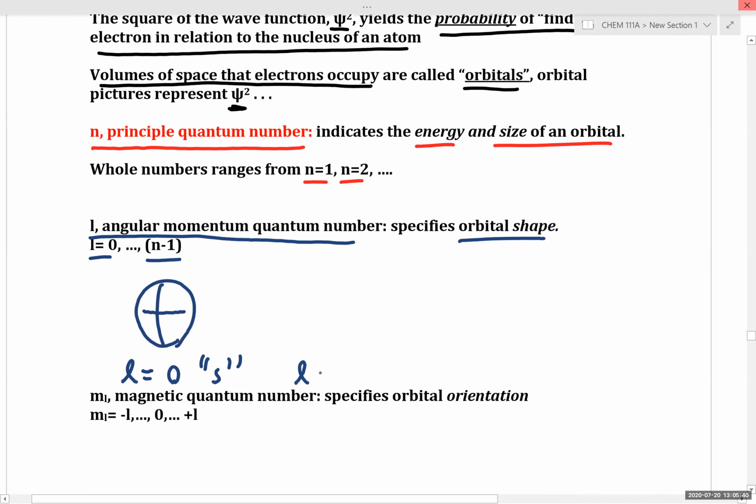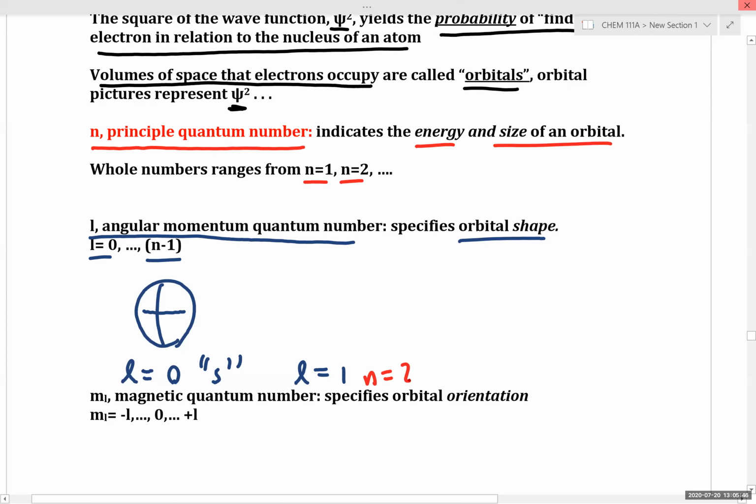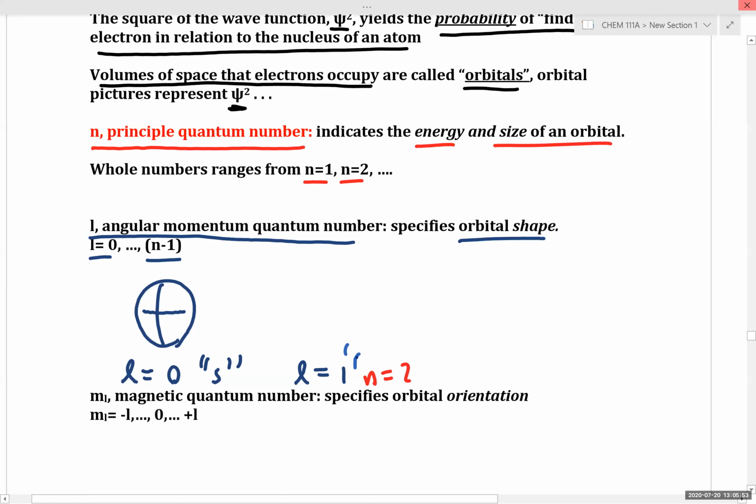As we move to L equals 1, which is permitted when n is equal to 2 or above, L equals 1 is known as a p orbital, and a p orbital is shaped almost like a dumbbell.